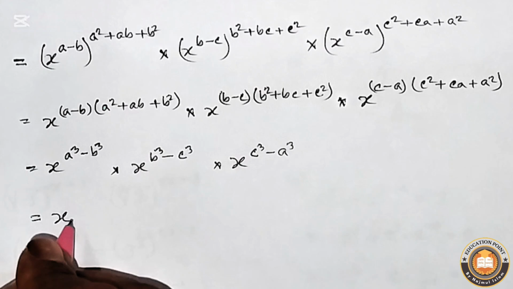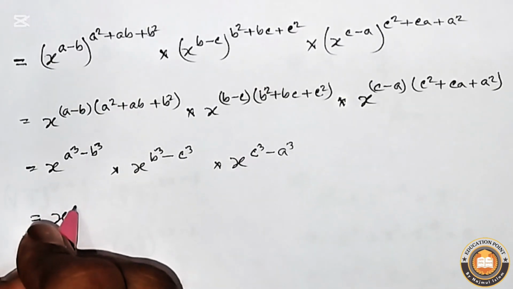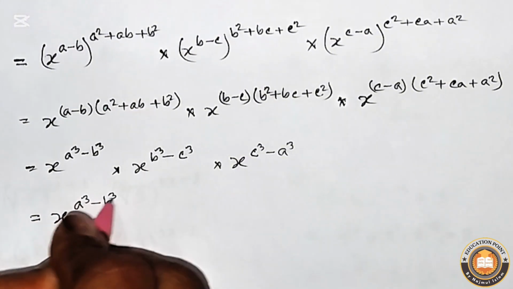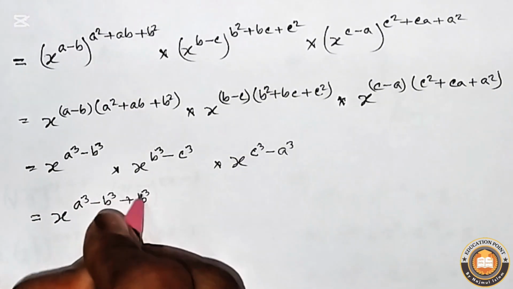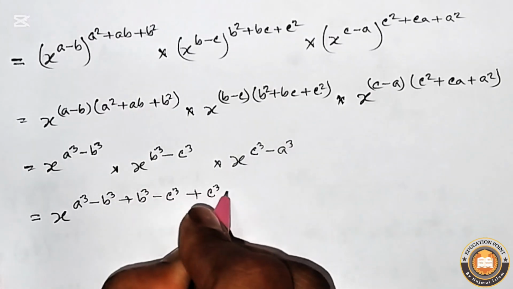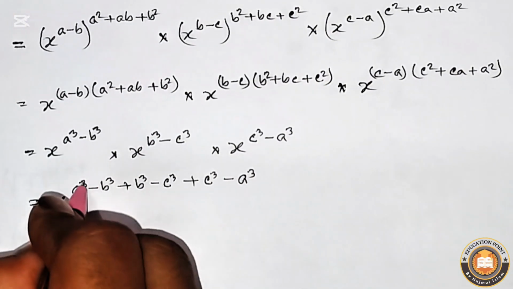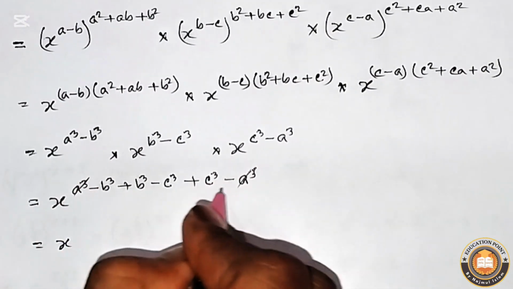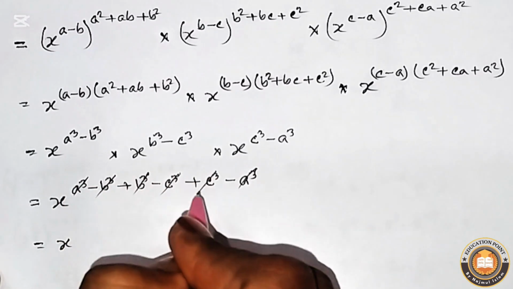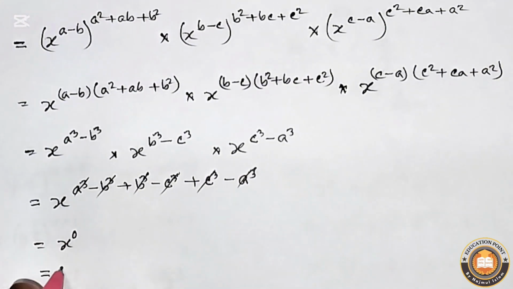Here similar base x, according to the formula their power will be added, so we can write a cube minus b cube plus b cube minus c cube plus c cube minus a cube equal x to the power plus a cube minus a cube equals 0, minus b cube plus b cube equals 0, minus c cube plus c cube equals 0. That means x to the power 0, x to the power 0 equal 1.